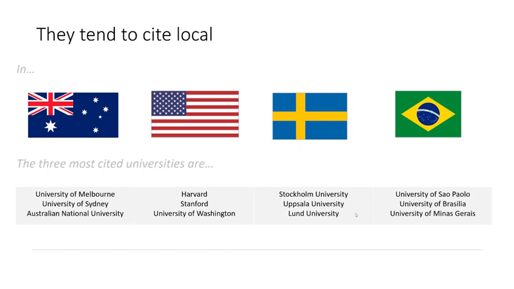So, who's providing most of the evidence, or evidence most frequently, rather, to Australian policy documents? It's Melbourne, Sydney, and the ANU. Equally in the US, it's three US universities: Harvard, Stanford, and Washington. In Sweden, it's three Swedish universities. In Brazil, it's three Brazilian universities.